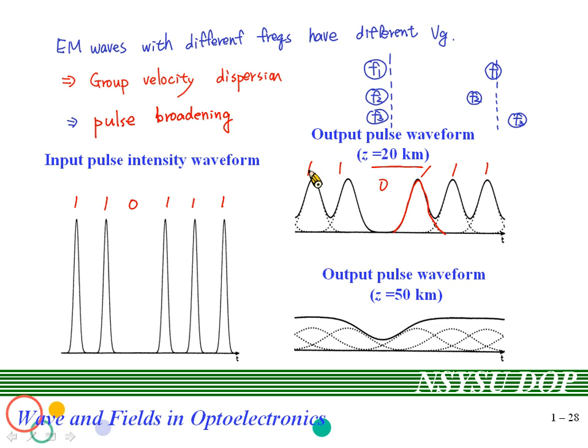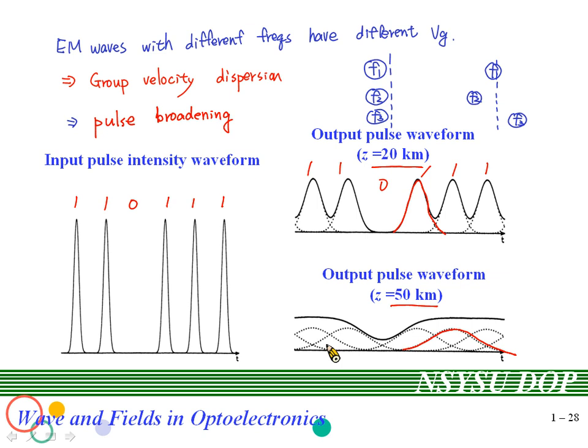However, if the pulse train propagates a distance of about 50 kilometers, each pulse will broaden like this. Very severe problem. You can see that the pulses overlap very much.